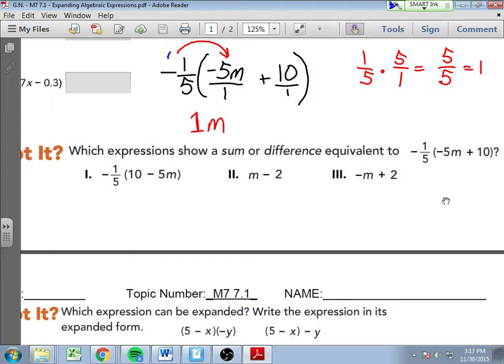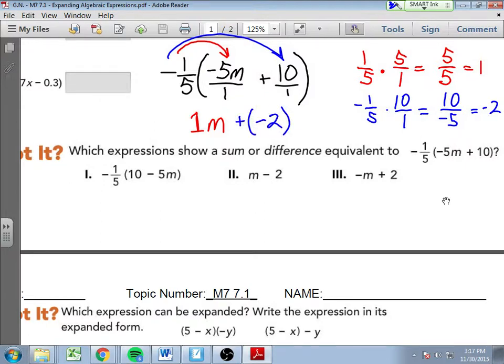My second multiplication is negative 1/5 times 10, which is really 10 over negative 5. It's really negative 2. So I could do plus a negative 2, or we could just write m minus 2.